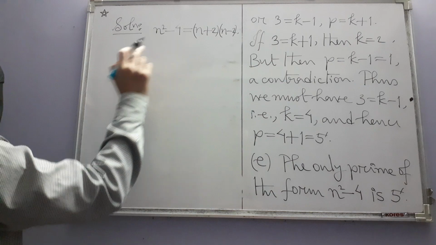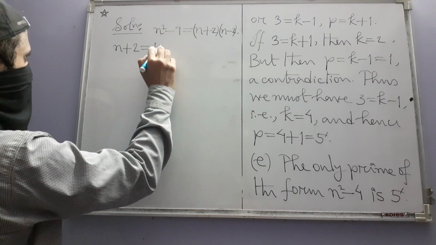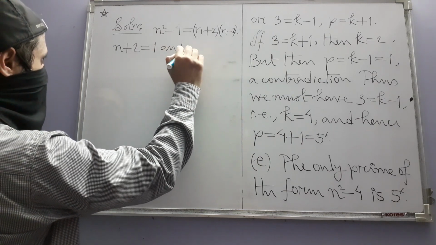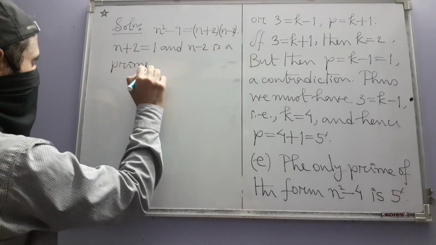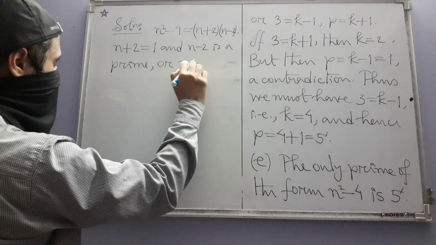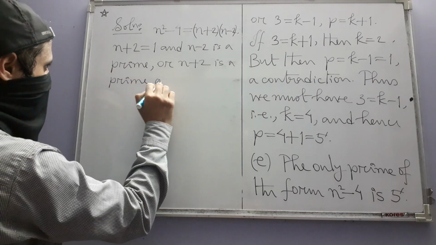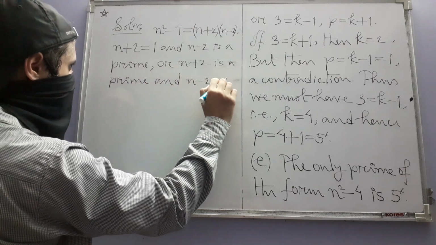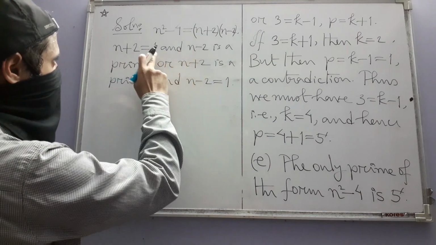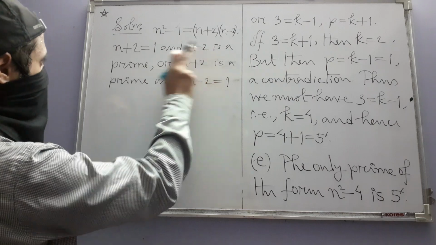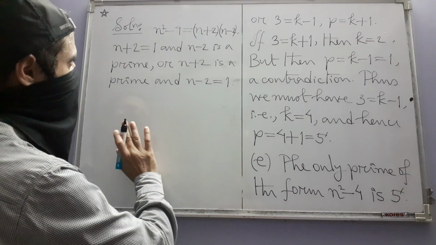Now if this has to be a prime, there are two possibilities. Either n plus 2 is equal to 1 and n minus 2 is a prime, or n plus 2 is a prime and n minus 2 is equal to 1. You can immediately see that the first possibility does not give you a sensible conclusion, because if n plus 2 has to be 1, then n has to be minus 1.